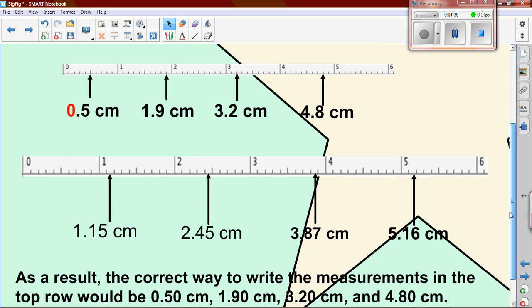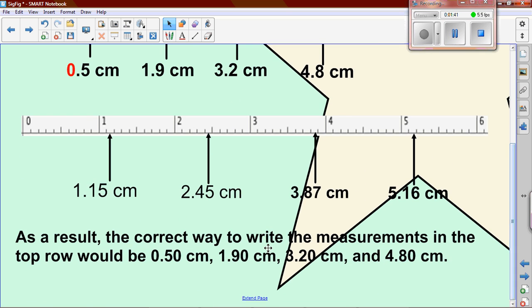So really, when you're writing these measurements, they really should be written out with another zero after each one. So we would have another 0 here. That's what you see here, 0.50 and 1.9. It really should be 1.90, okay, and so on.